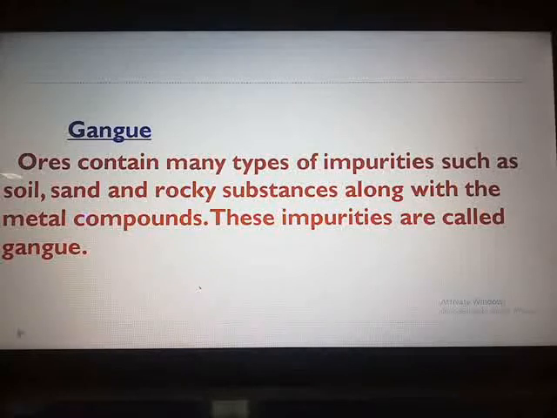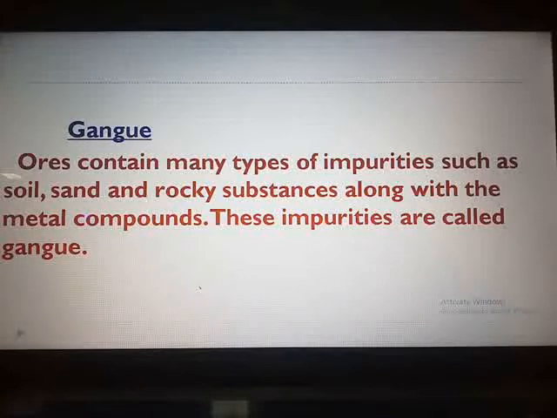Now you know that when you are extracting metals, the ores will not contain only that particular metal in the compound state. Found in nature, many other natural impurities like soil, sand, etc. will be present along with the metallic compounds, and these impurities are referred to as gangue.